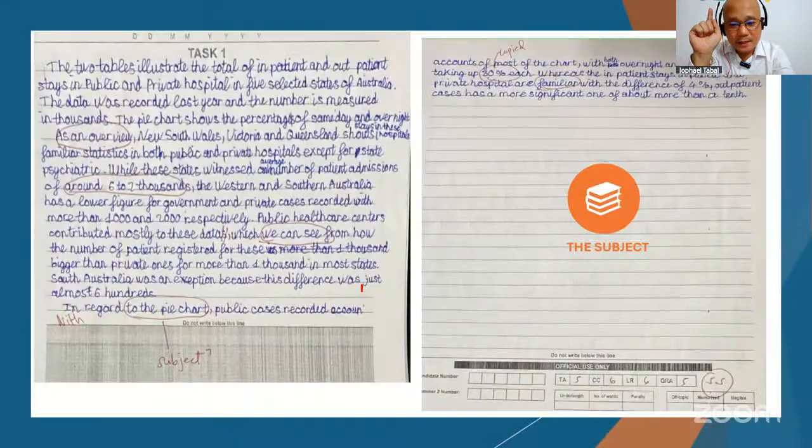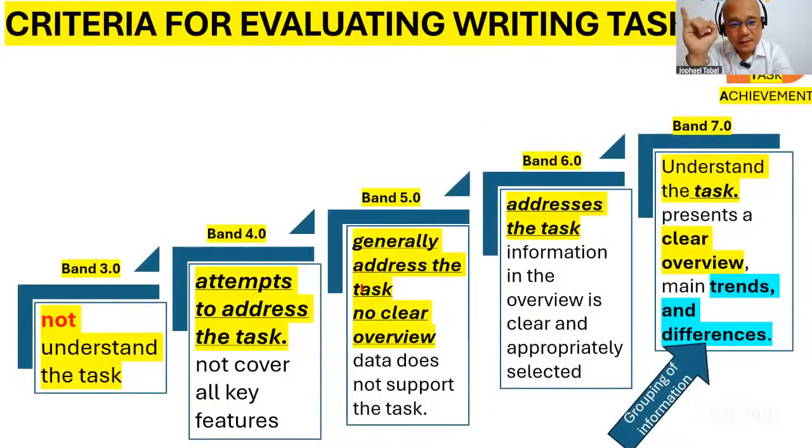In understanding the task, we need to understand the essay type, the essay structure, and the subject. For a clear overview, understanding the subject is the most crucial one, as there are many students who fail to get a 7.0 in writing task 1, mainly because of not completely understanding the task. And the main issue there is understanding the subject.